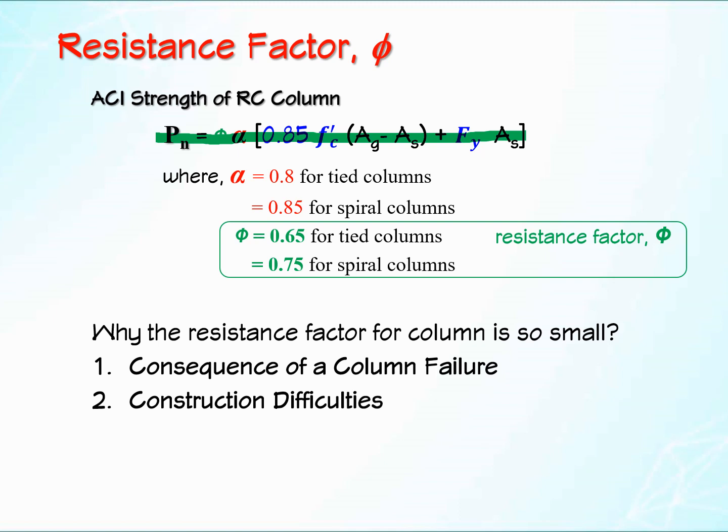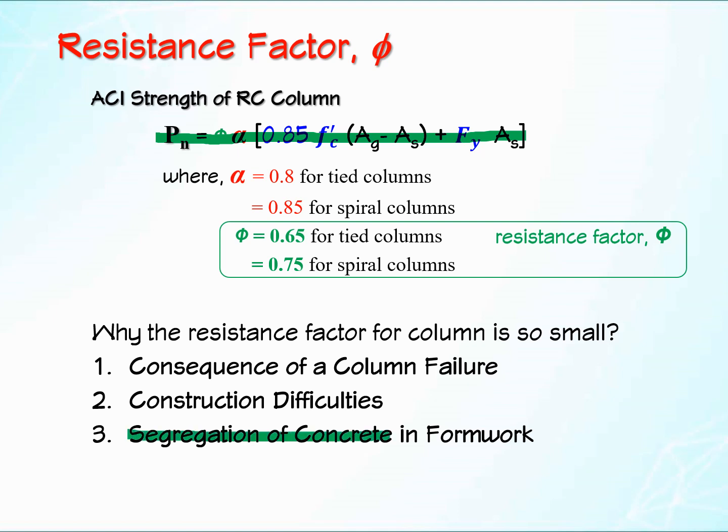And the column is a lot more difficult to construct as compared to beam construction or slab construction. Because column is smaller dimension and there are so densely spaced rebar inside formwork, so that segregation of concrete may occur.